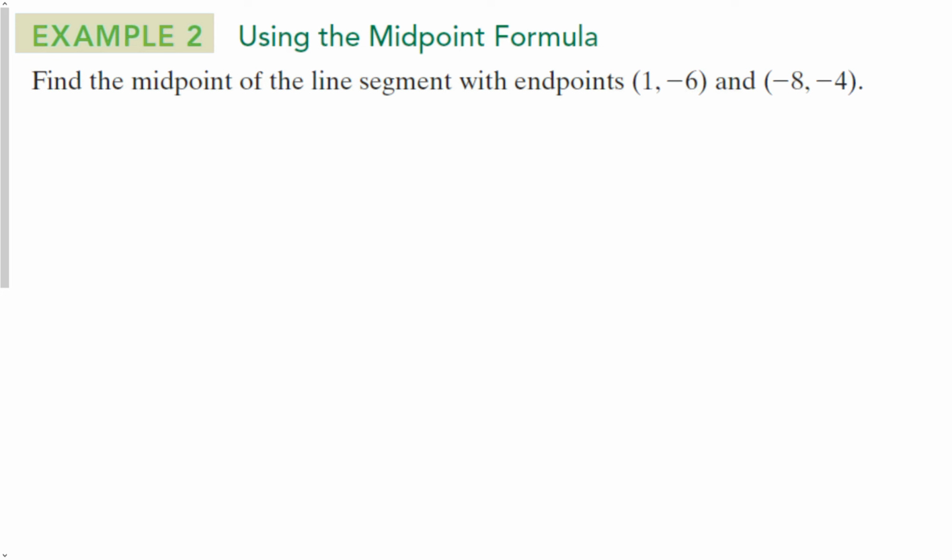So let's find the midpoint of the line segment with endpoints 1, negative 6, and negative 8, comma 4. So my midpoint, let's break it down. My x coordinate of my midpoint is going to be x1 plus x2 over 2. The y coordinate of my midpoint is going to be y1 plus y2 over 2.